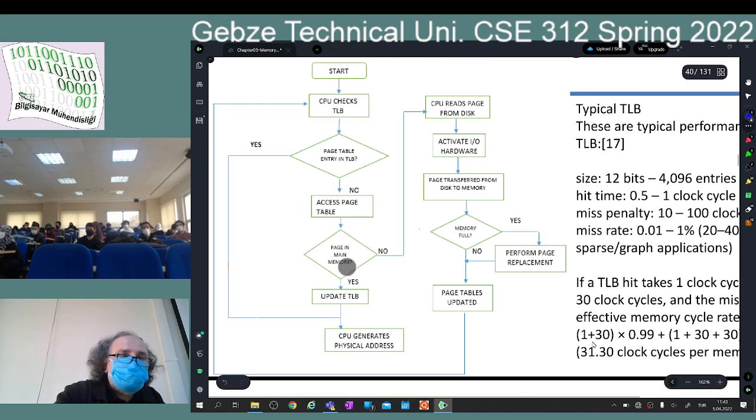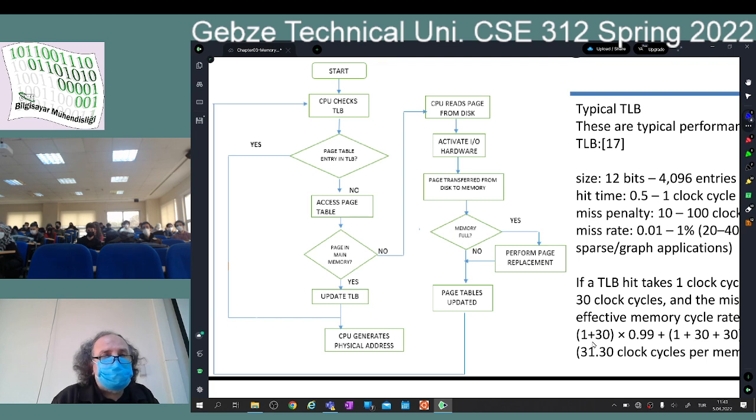If that page is in the main memory, then I update the TLB. That means that I need to replace one of the entries inside the TLB, and I produce my physical address again. So this path is like the soft miss path, right? It is not in the TLB, but it is in the main memory.